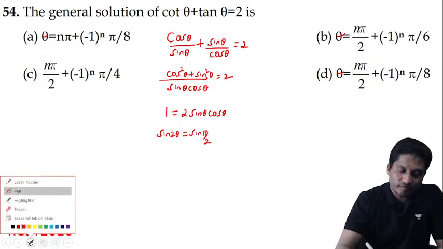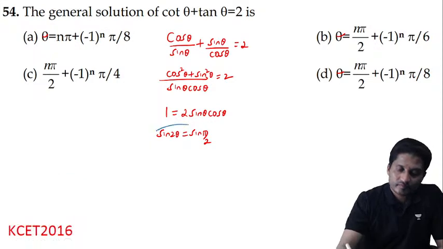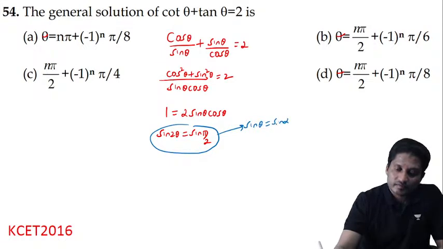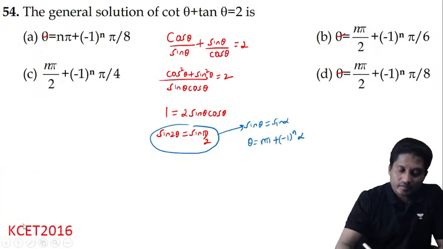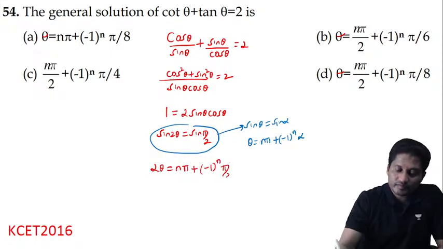Now this is of the form sin theta is equal to sin alpha. General solution is theta is equal to n pi plus minus 1 power n times alpha. Now 2 theta is equal to n pi plus minus 1 power n times alpha, which is pi by 2.